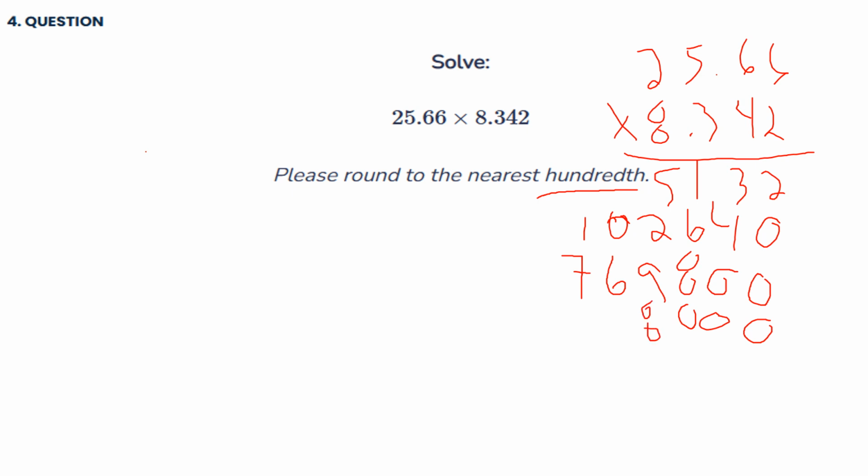We carry the 4. 8 times 6 is 48, plus the 4 that I carried is 52. 8 times 5 is 40, plus the 5 that I carried, that's 45. 8 times 2 equals 16, plus the 4 that I carried, that gives us 20.